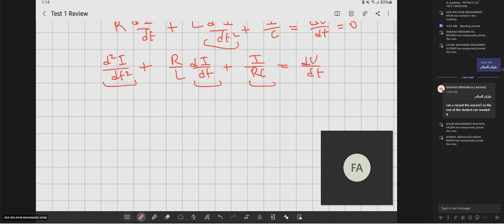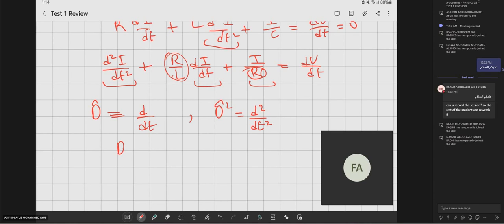Linear because the coefficients are constant. R, L don't change with time. And usually you solve this using operator methods. So I'll define an operator capital D as the derivative with respect to time, so D squared will be d squared over dt squared.